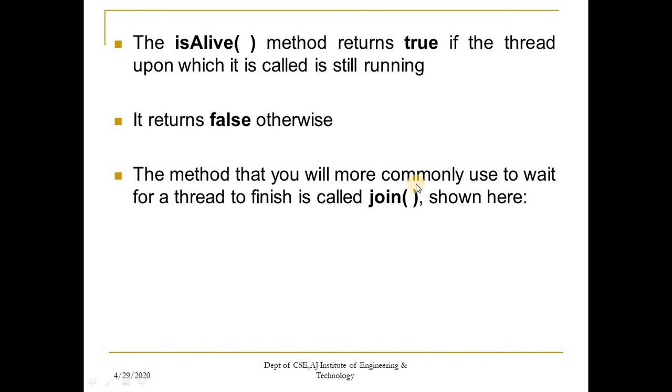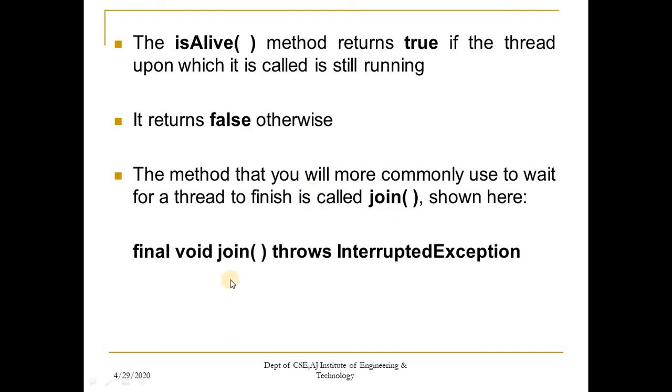The method that you will more commonly use to wait for a thread to finish is called the join method. Whenever you want to wait for one thread to finish, you can use this join method. This is the general form of the join method: final void join(). It throws InterruptedException, so this method can throw interrupted exceptions.